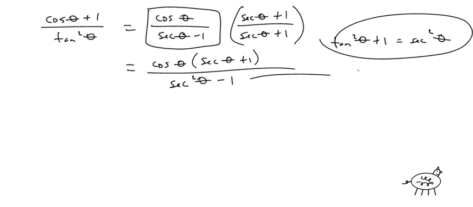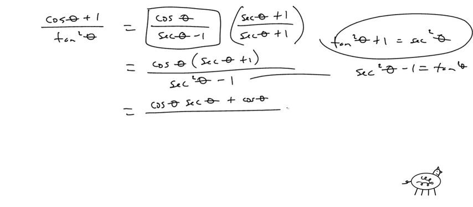Can I just subtract 1? So secant squared of theta minus 1 equals tangent squared of theta. Okay, that's really nice. So you can do a couple steps here. How about cosine of theta, secant of theta, plus cosine of theta, all over tangent squared of theta.